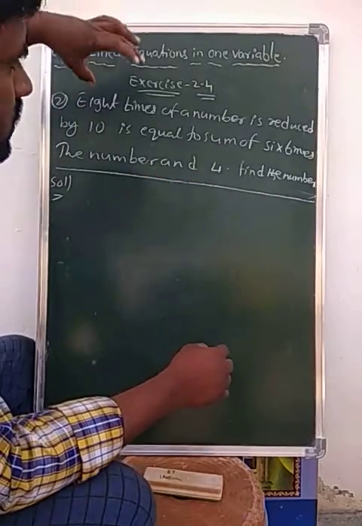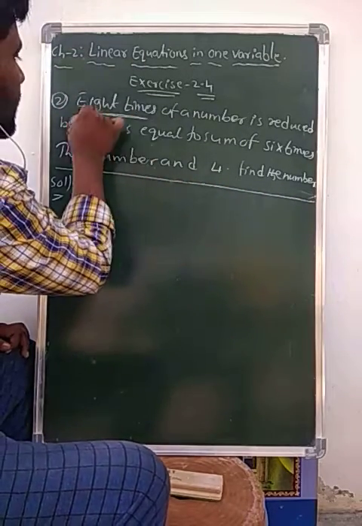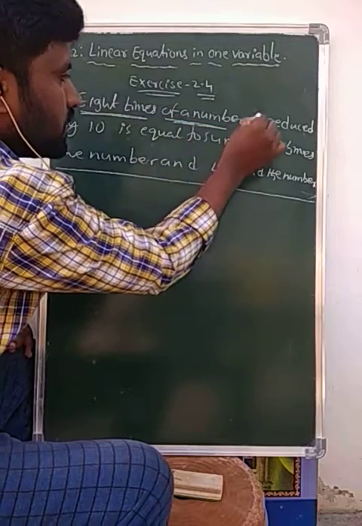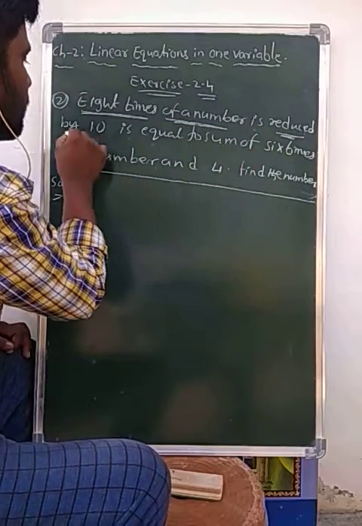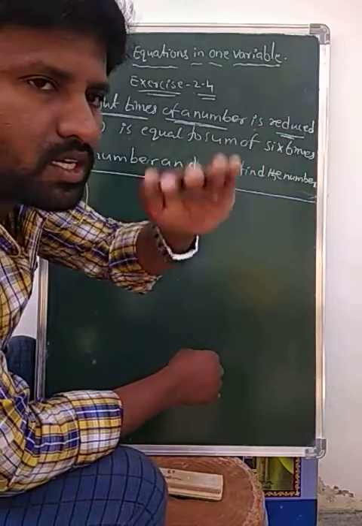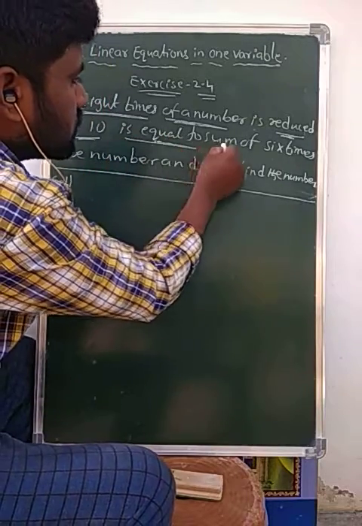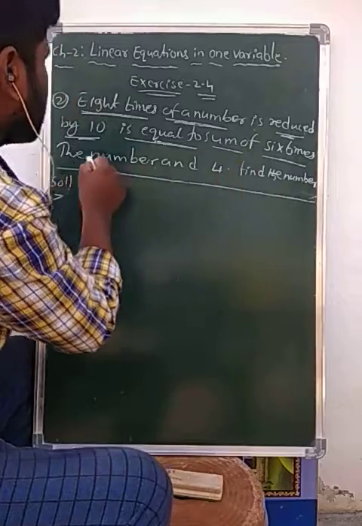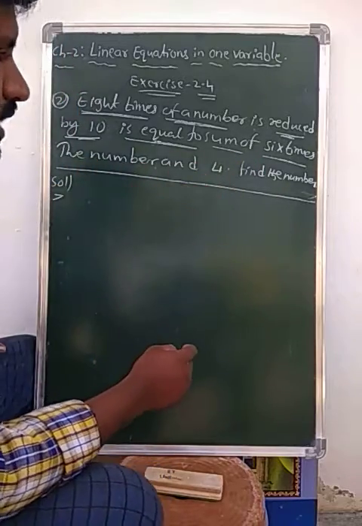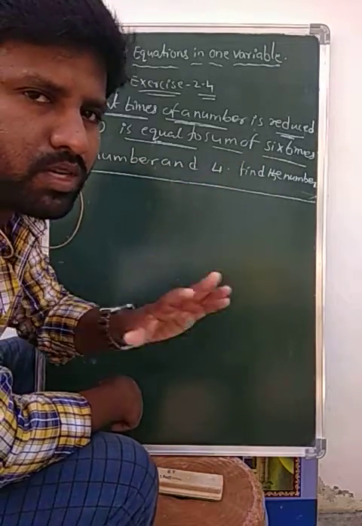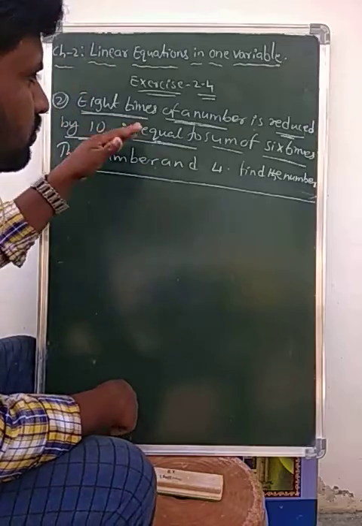Once you see the question carefully, 8 times a number is reduced by 10. Reduced means decrease. It is equal to the sum of 6 times the number and 4. First of all, clearly we don't know the number here. The number is unknown.